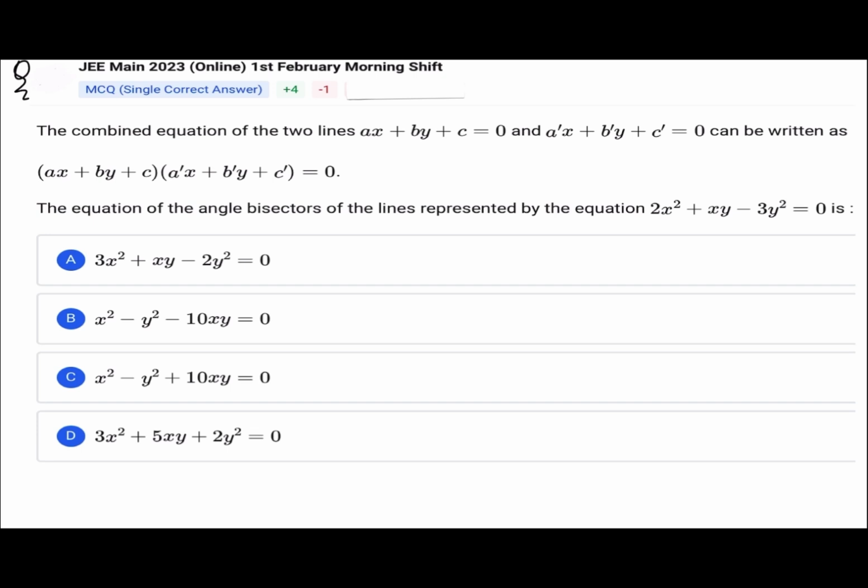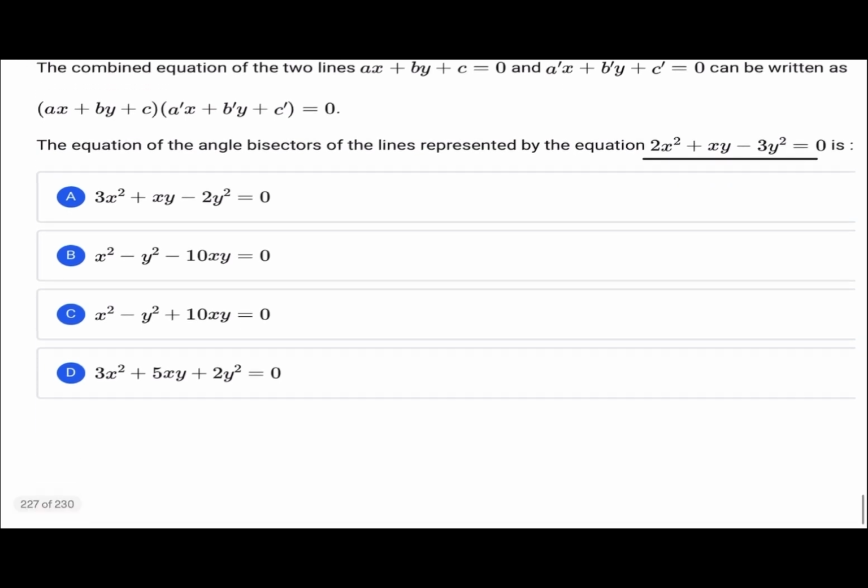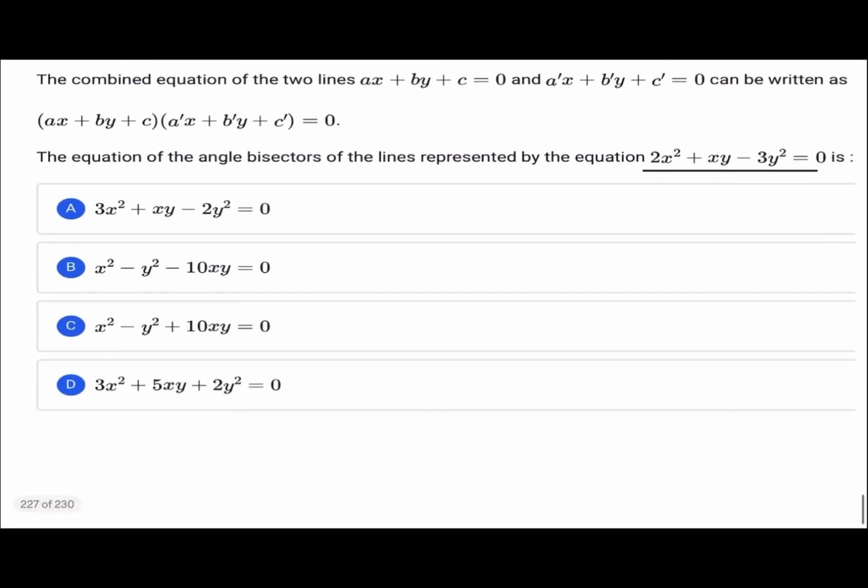Now the equation of the angle bisector of the lines represented by this equation. For the angle bisector you can find the equation directly from the formula.